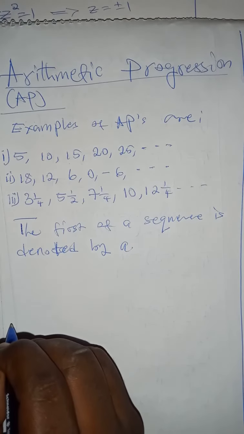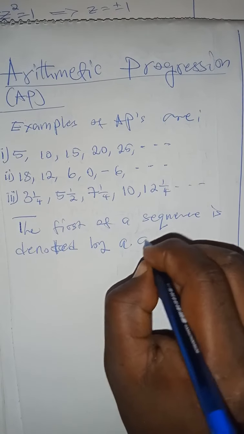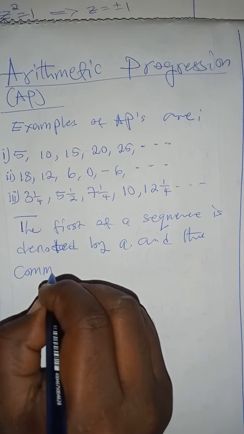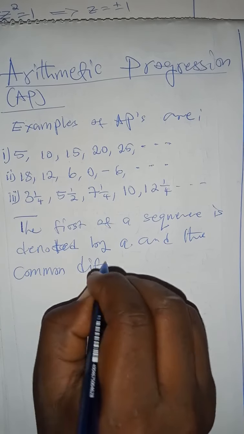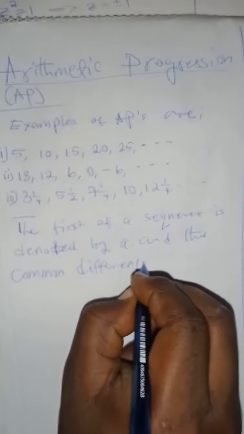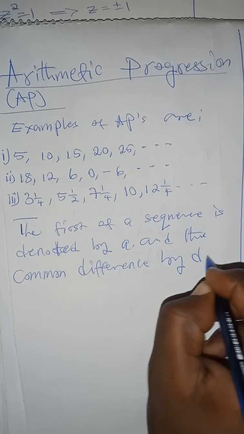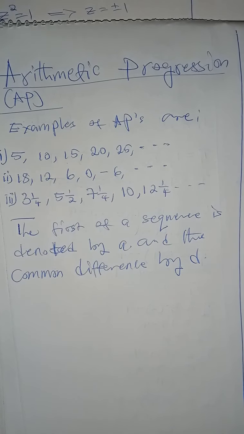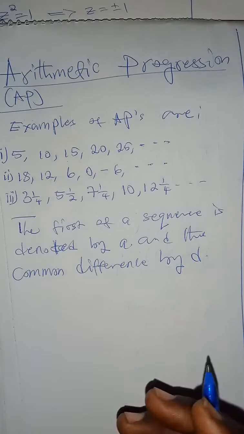And the common difference is denoted by D. So that is how we denote those terms in an AP. These are terminologies in AP.